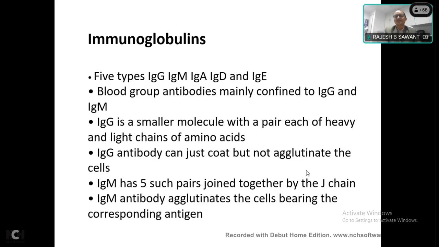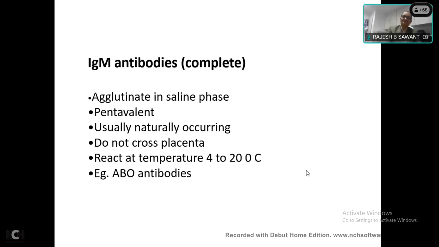And so it can just coat the surface of the cells, red cells. Whereas IgM, as we all know, is pentameric. It has got five such pairs which are joined together by a J chain, and it can directly lead to agglutination of the red cells. So IgG will lead to sensitization or coating, whereas IgM will lead to direct agglutination and destruction or lysis.